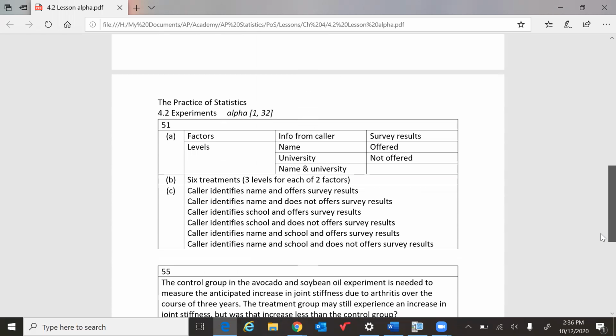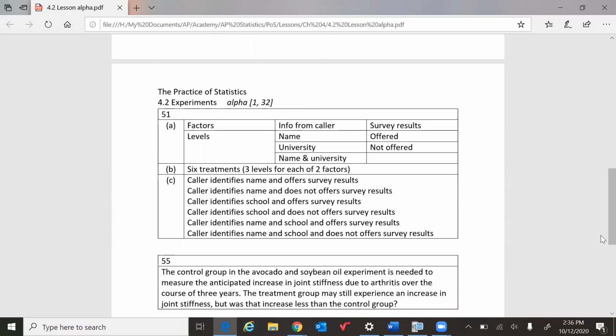51. So the factors in this case are the information from the caller, whether they identify their name, their school, or both, and the survey results, whether they offered to share them or did not. So there are two factors: the information about the caller and the information about the survey. These combinations are the treatments.